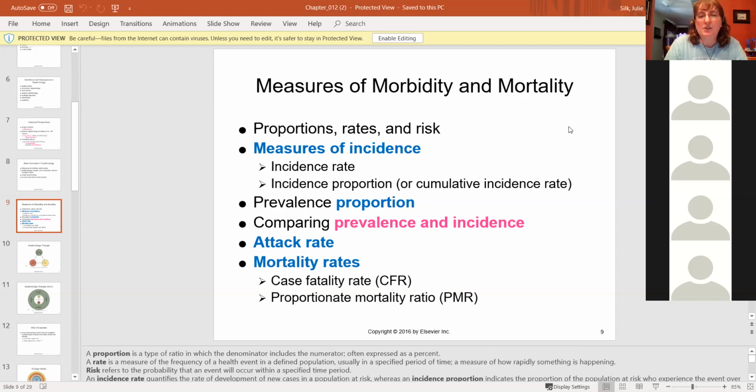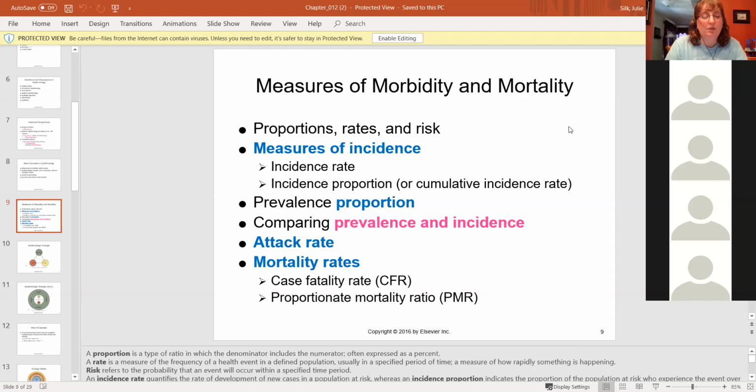And then this mentions incident rate. An incident rate will quantify the rate of development of a new case in a population at risk, whereas an incident proportion indicates the proportion of the population at risk who experience the event over some period of time.